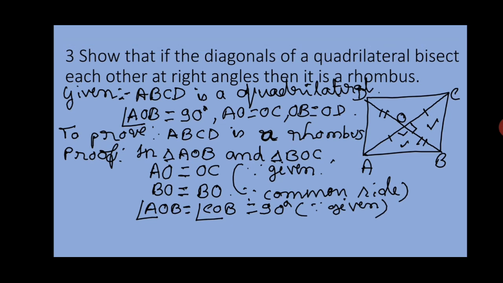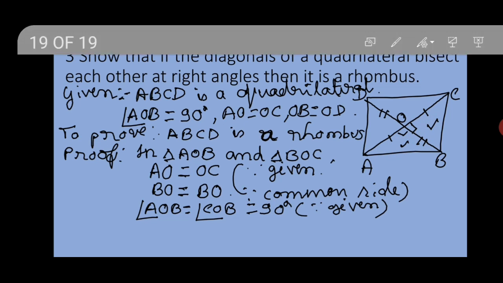Therefore, see here, this is one side, this is the angle and this is a side. Two sides and the included angle of one triangle are correspondingly equal to two sides and the included angle of another triangle, then these two triangles are congruent, right?